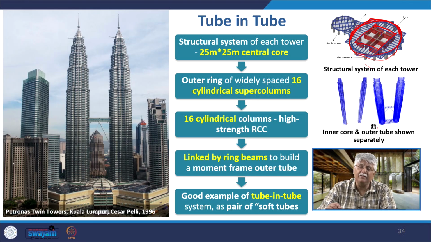The 16 super columns are made in high strength RCC. They are linked by this ring to build a moment frame outer tube, and what you find here finally is that there is an outer tube and there is an inner tube. It is a combination of outer and inner tube, and it is a good example of the tube in tube system.